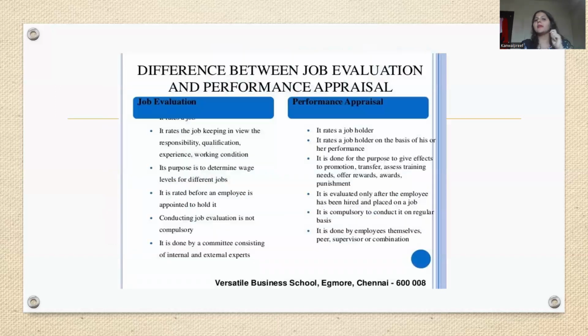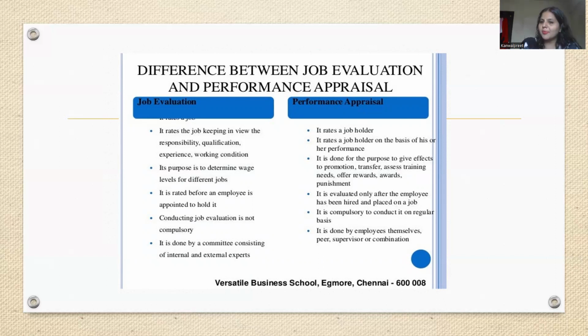Now, when you are studying performance appraisal, the nearby options should come to your mind. Because in match the columns or assertion and reasoning, they try to relate two topics. So the next best topic to performance appraisal is job evaluation. This is again from human resource management. If I'm studying performance appraisal, what should I study? What is the meaning of performance appraisal?